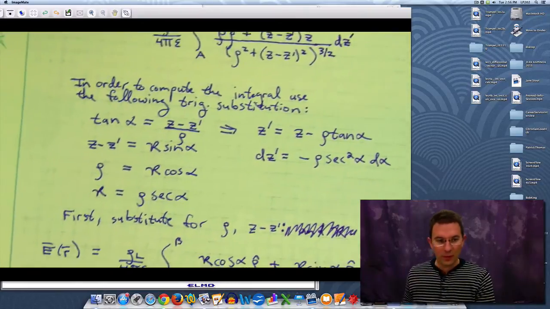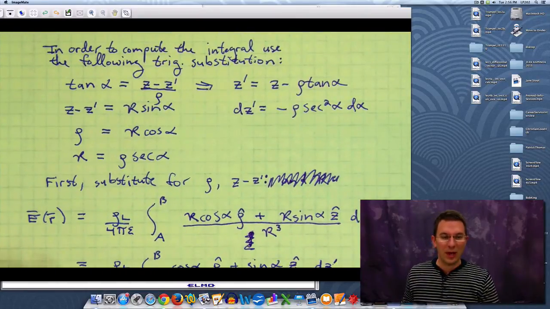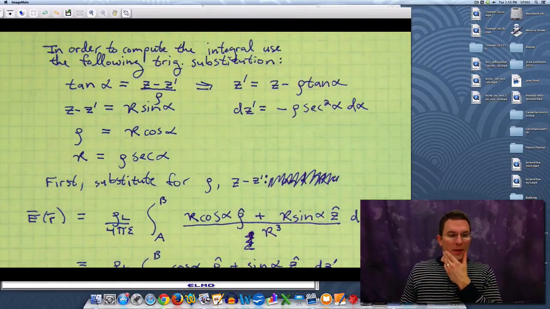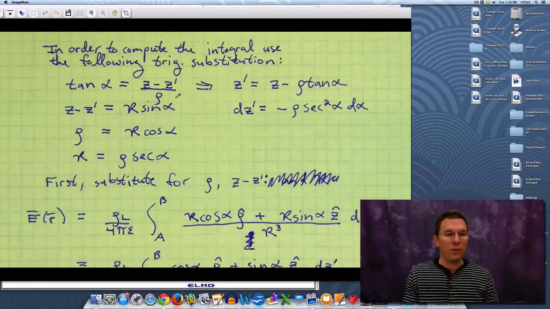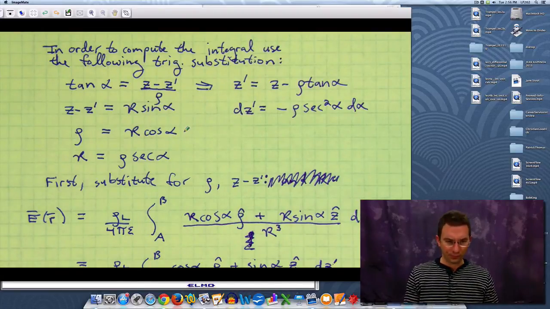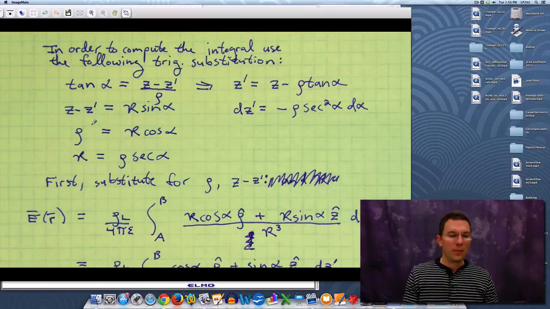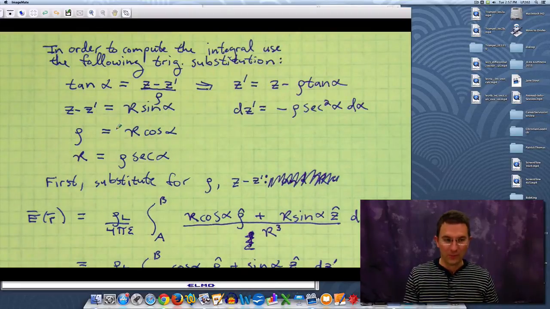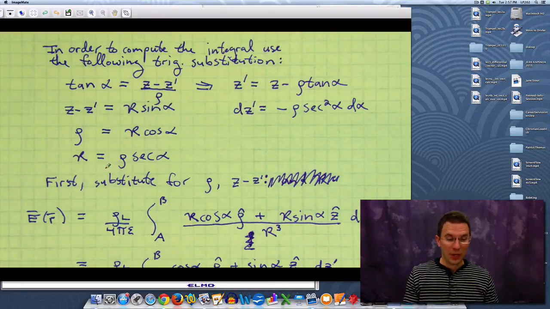Okay, let's go back to this now. We've made this trig substitution here. There are a couple of other little observations that we can make. Rho, again, just referring to that diagram, you can just see that the rho direction is capital R times cosine of alpha, and capital R itself is rho secant of alpha, right?